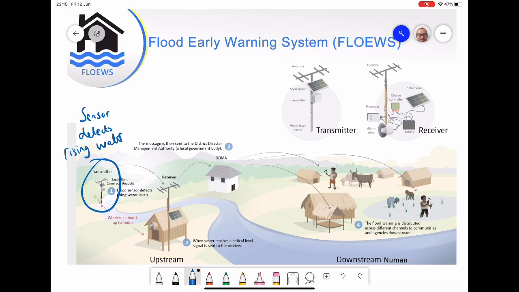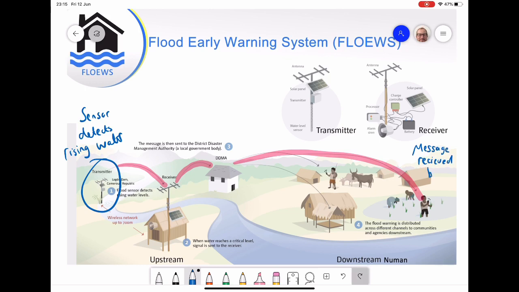Another way that we can mitigate against the issues of flooding is through an early warning system. Here's a basic example of one. We can see here in the left-hand corner that as the water has risen, that has triggered a sensor that is in the water, and what this does is transmit a message to local receiving stations, and eventually that gets analysed and interpreted, and they check if there's a flood, and then that will, if there are flood conditions, be sent to local people.